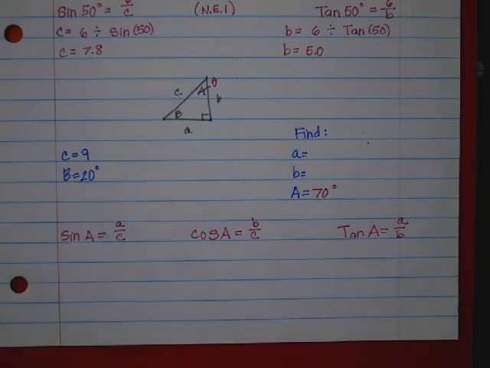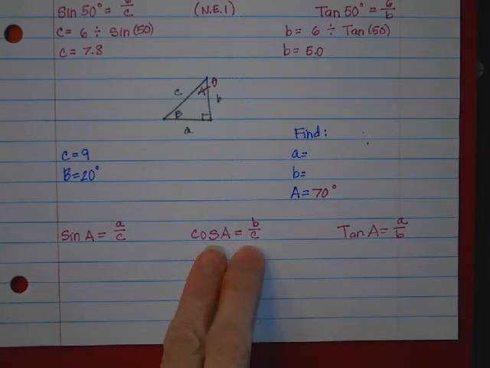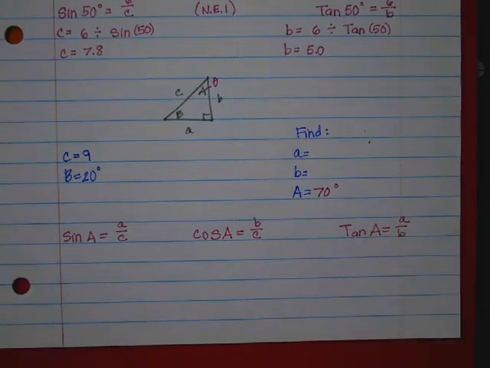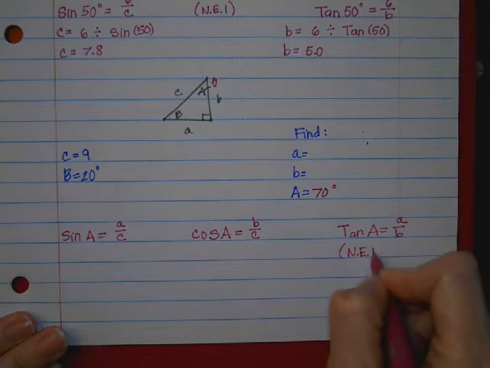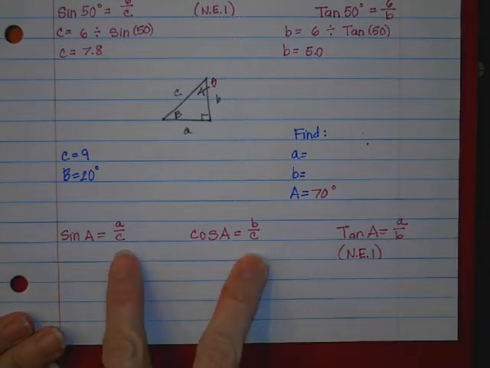So big A, little c, I can use this one. Big A, little c, I can use this one. Big A, ooh, there's no little c. So this one has not enough information. So therefore, I'm going to use these two formulas since I know big A and little c.